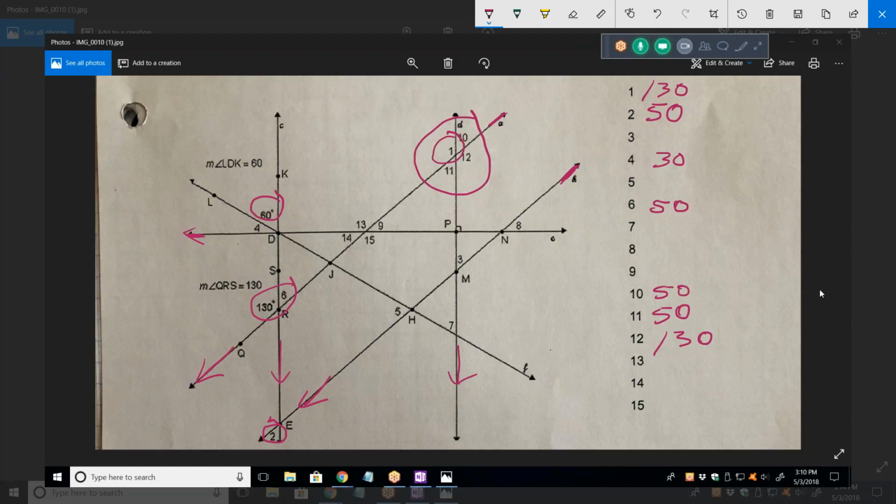Let's see. What are we missing? Angle 3. Where is angle 3? This one right there. It's angle 13. 13. 130 degrees.